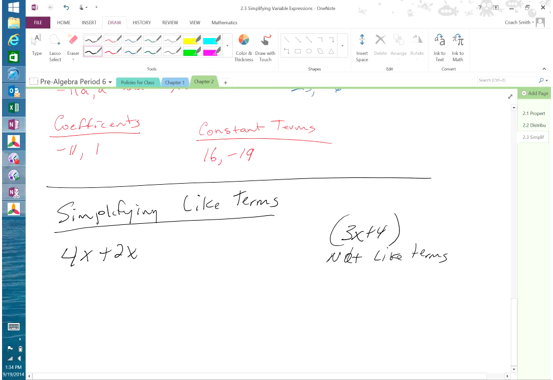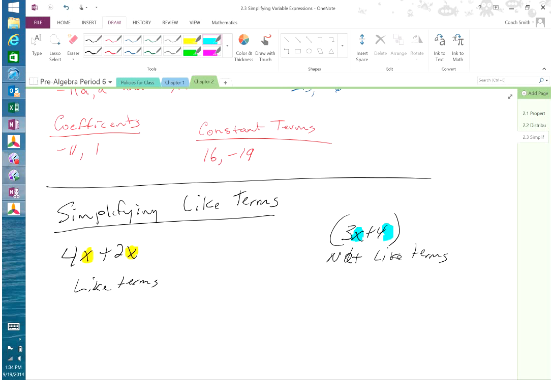These are like terms. The reason they are the same is because they both have an x, and the x is raised to the same exponent. The reason these are not is because they don't both have an x.